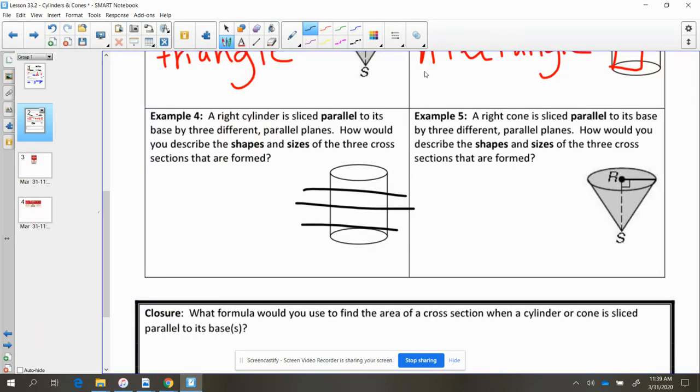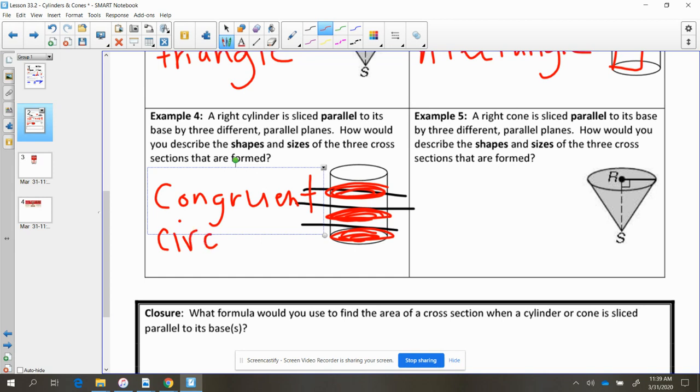So what we're going to see is that no matter where we slice this, we're going to get a circle each time. And not only are all 3 going to be circles, they are going to be congruent circles. Reminder, congruent, you might think of it as this sign here for congruent.